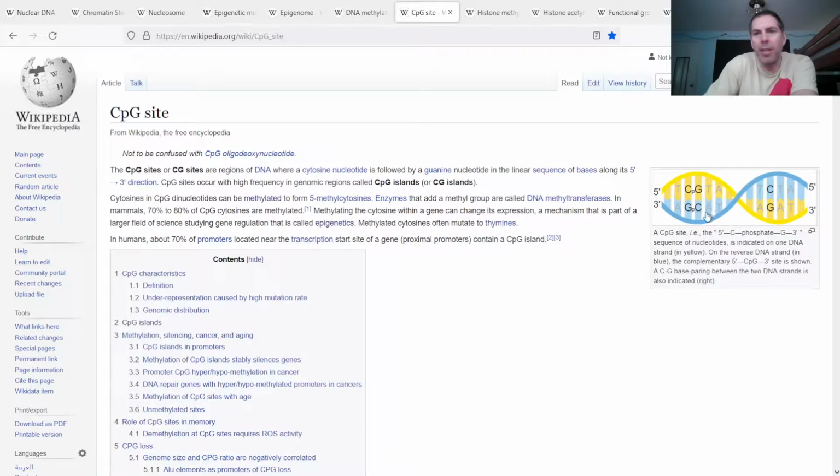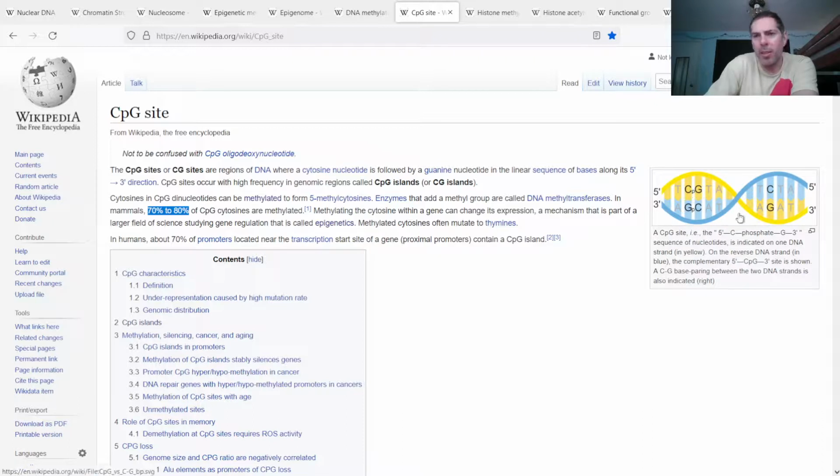So in the DNA, there's specifically these CpG sites where there's a cytosine followed by a guanine base. And you can see that in mammals, at least 70-80% of the CpG sites are methylated.